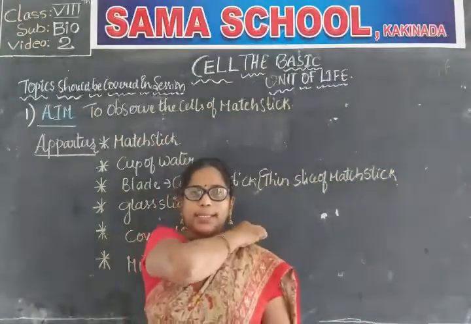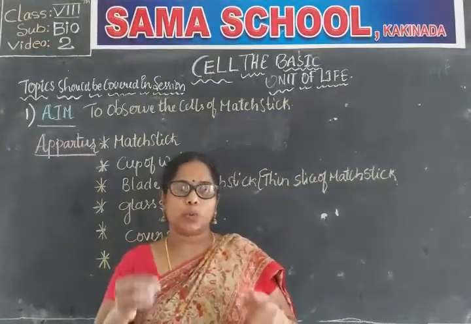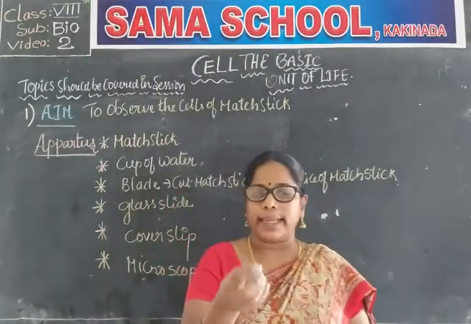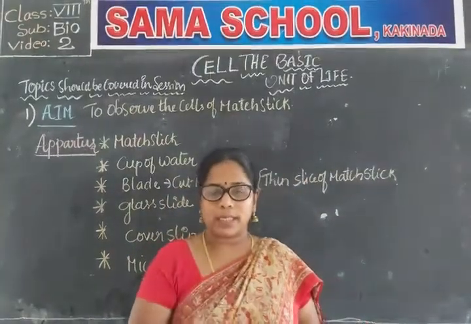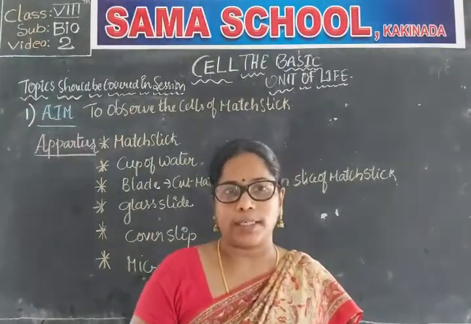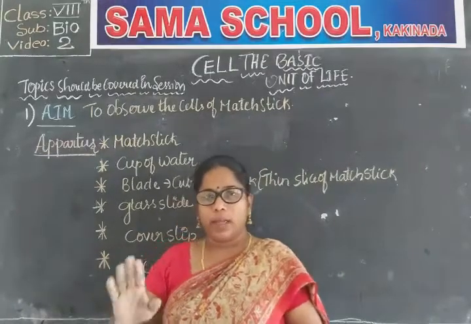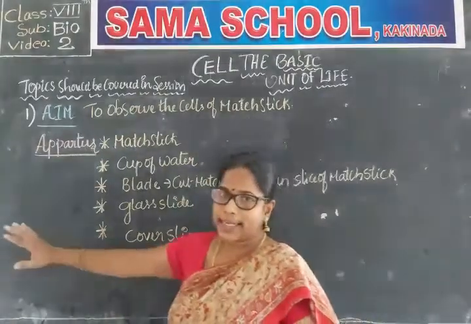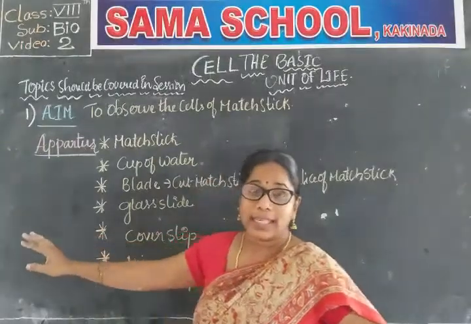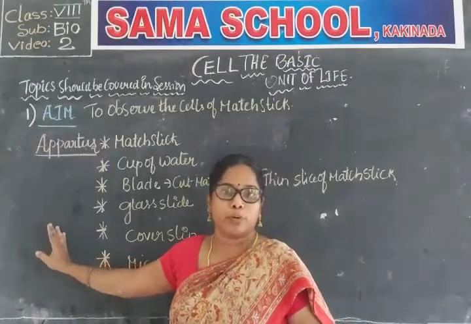In your textbook the procedure is directly given. Take the matchstick, soak it for half an hour, then take a thin slice of the matchstick, place it on the glass slide, cover with the cover slip and observe under the microscope. But here I am dividing everything in detail, because in your exam these types of experiments are very important for 4 marks.